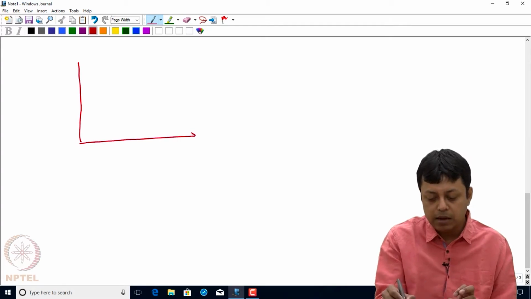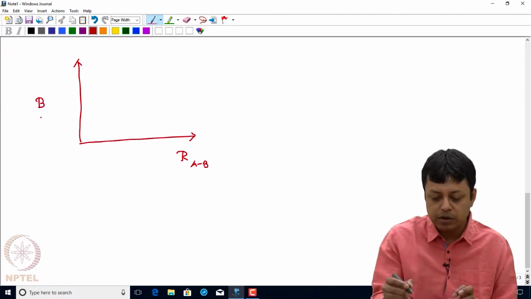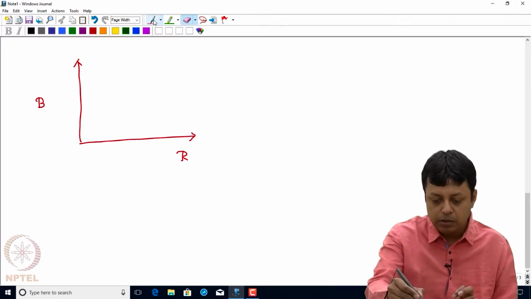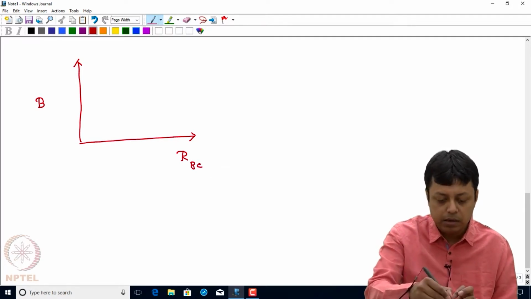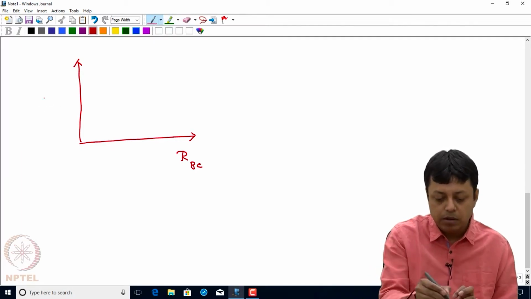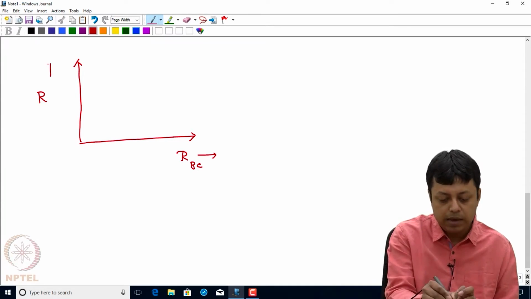Now suppose again I am plotting the AB distance along this direction and BC distance along this direction, or maybe we can actually do the reverse. It will be clear why I am doing the reverse thing. And the BC distance we can plot along, say, the x-axis, and along the y-axis I am plotting the AB distance.